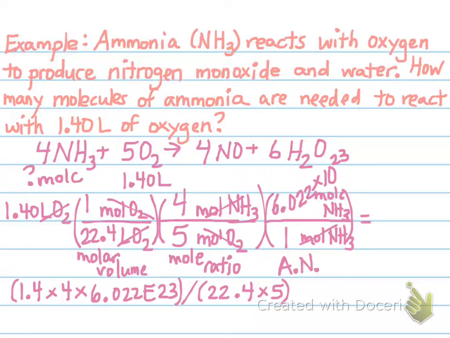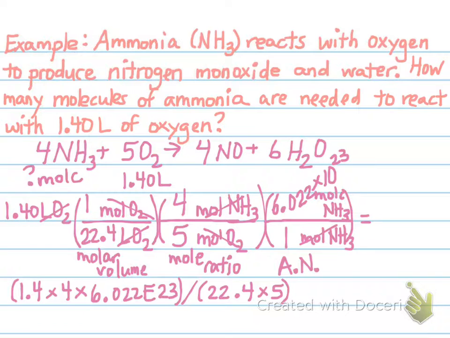So 1.4 times my 4 times my Avogadro's number divided by my 22.4 times my 5. And again, I want to have 3 significant figures.